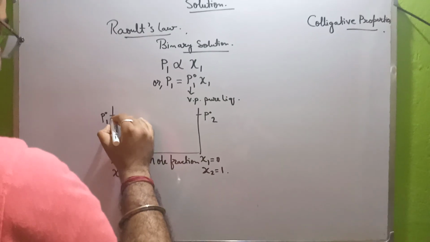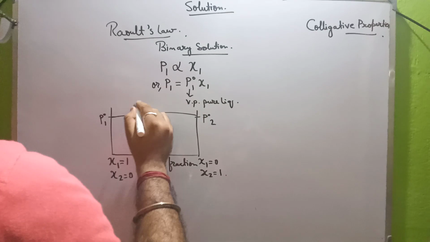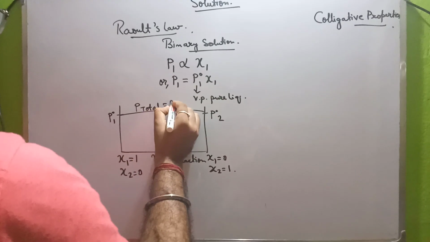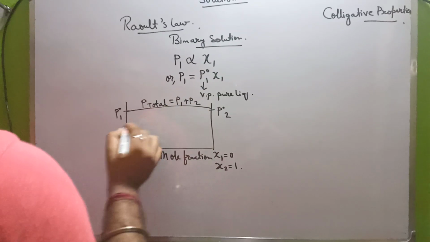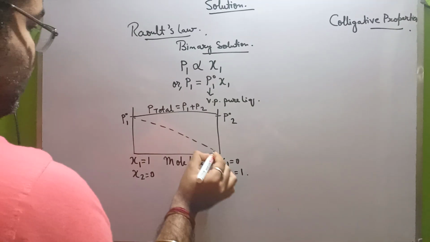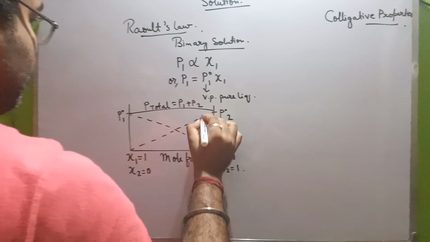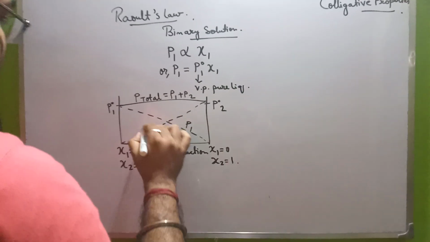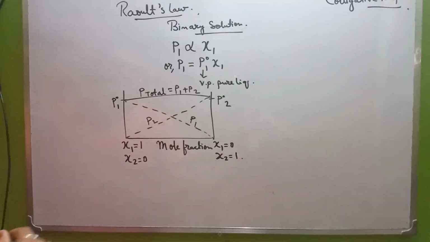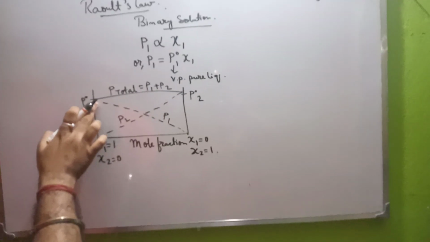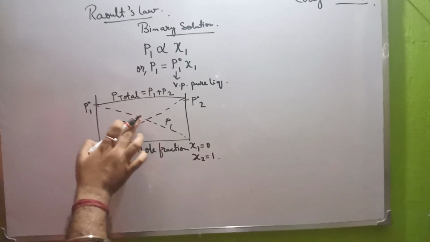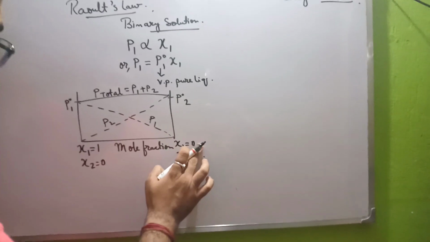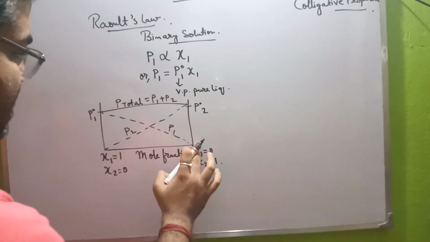Now if we join these two, what will we get? This is the total pressure of the solution, that is P1 plus P2. Now if we join this and if we join this, then this one will be P1 and this one will be P2. Now see over here, as the pressure is decreasing, mole fraction is also decreasing along with it, and when the mole fraction becomes 0, pressure becomes constant over here.